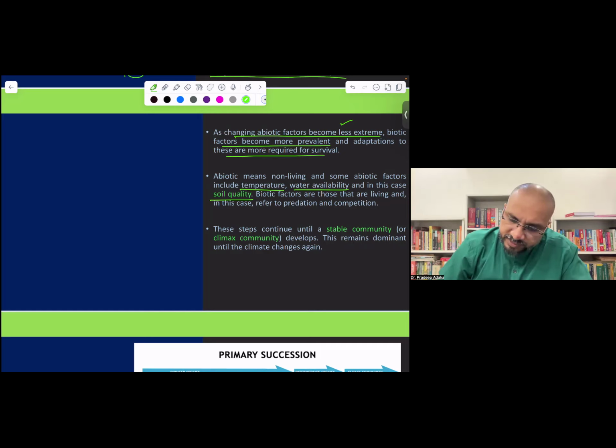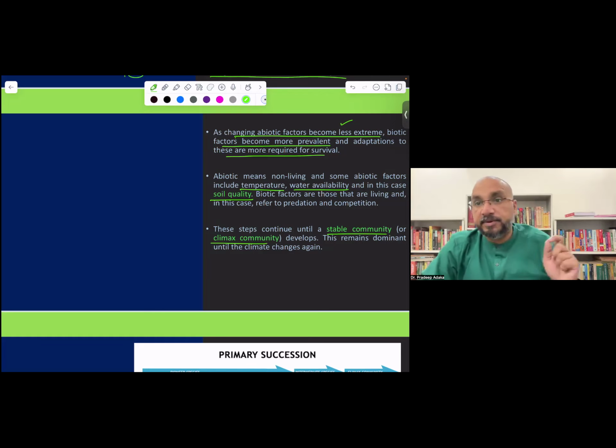So these steps continue. One species will take over another species, so it will replace another species, and this will continue for a certain period of time. It can be decades or it can be over 100 years. Ultimately you will have a stable community, so there will not be further change. So this stable community is called the climax community, because it is in equilibrium with the abiotic factors or the environment.